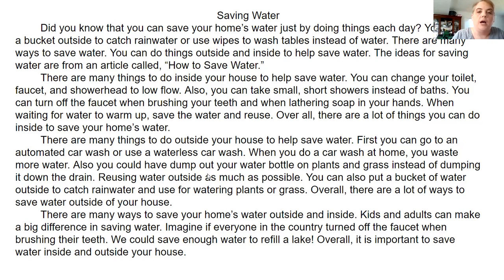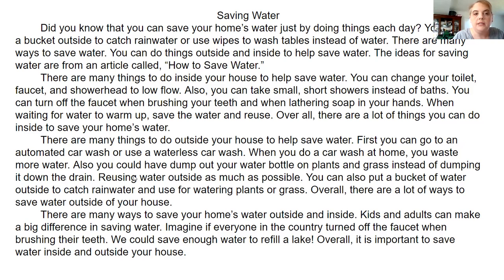Also, you could have dump out your water bottle on plants and grass instead of dumping it down the drain. Well, dumping it down the drain is present tense. So we need to make this present tense. So we can take out the have, maybe, and say also you could dump your water bottle on plants and grass instead of dumping it down the drain.